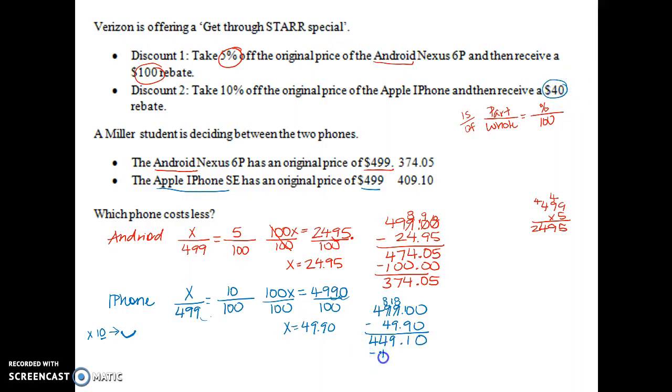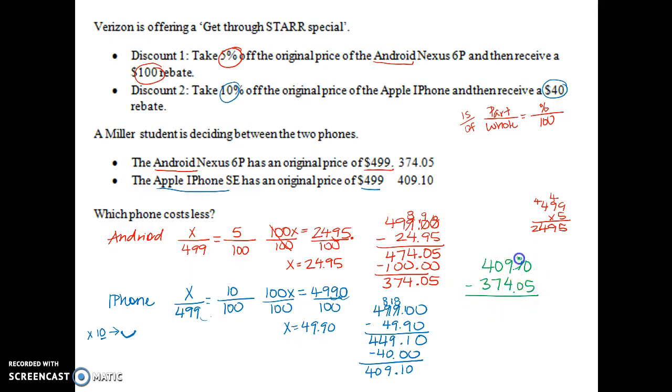So let's subtract the $40. So 10 cents here, 9 minus 4 is 5, 4 minus 0... so 409.10. So that rebate was huge for number 1. So actually our Android phone will be less. And let's see by how much. So let's find the difference. So 409.10 minus 374.05.